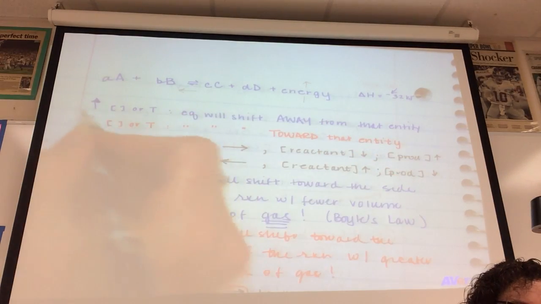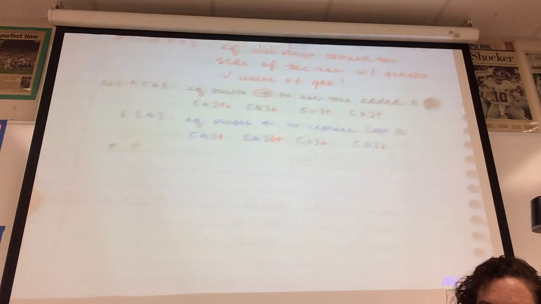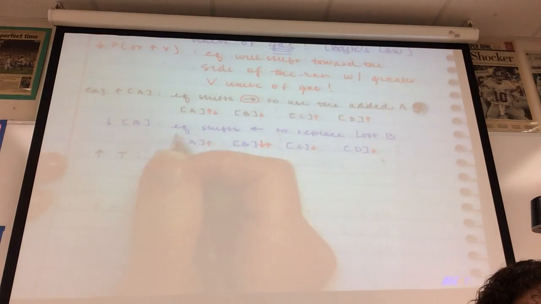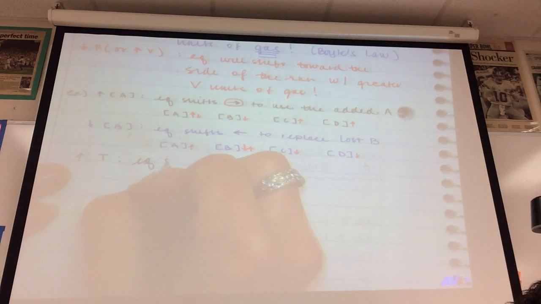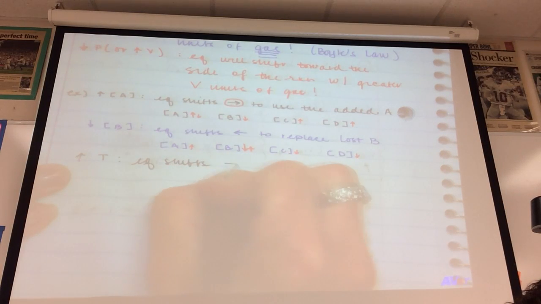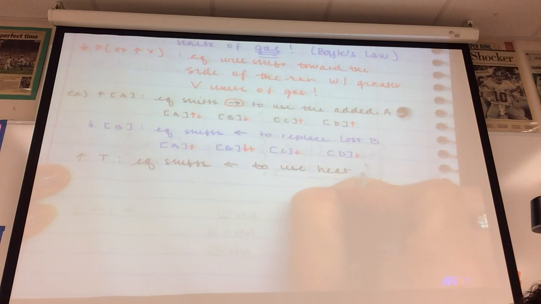When you increase, you shift away from that entity. So in this exothermic reaction, when you increase temperature, equilibrium shifts to the left to use the heat added.